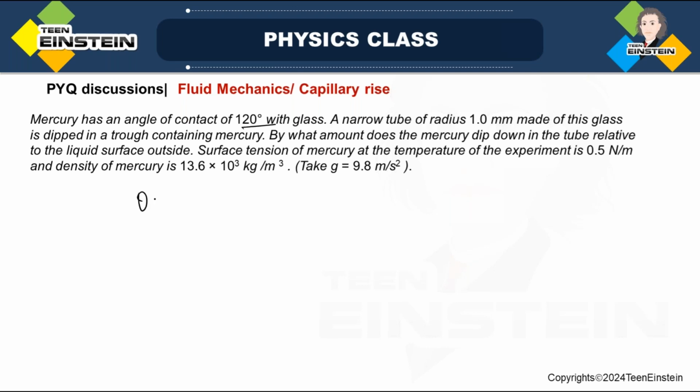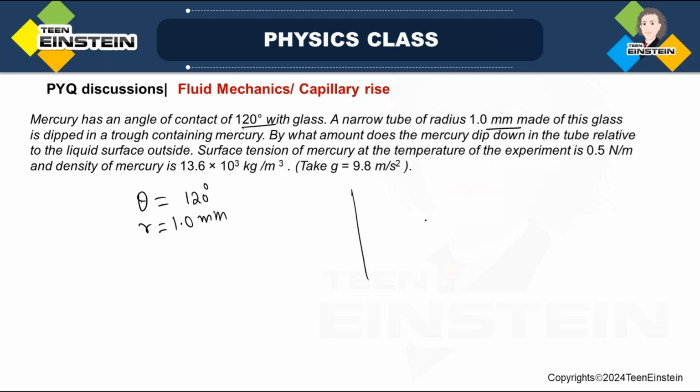A narrow tube of radius 1.0 millimeter made of glass is dipped in a trough containing mercury. By what amount does the mercury dip down in the tube relative to the liquid surface outside?